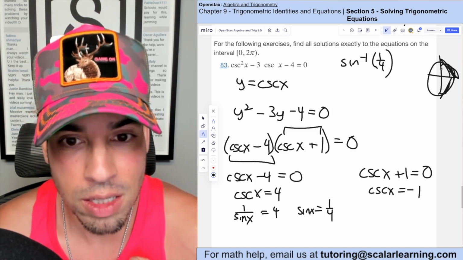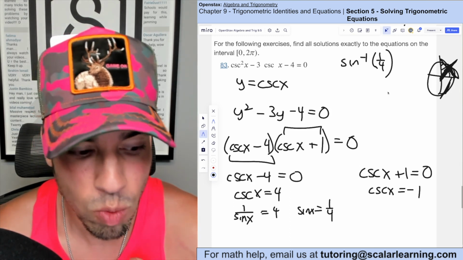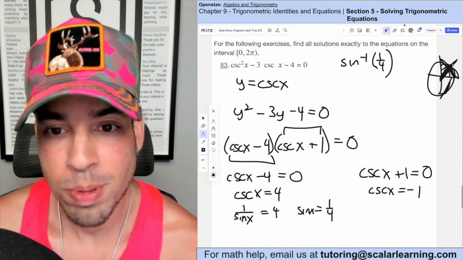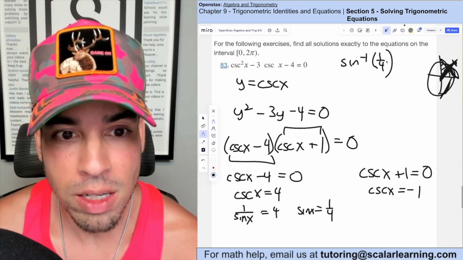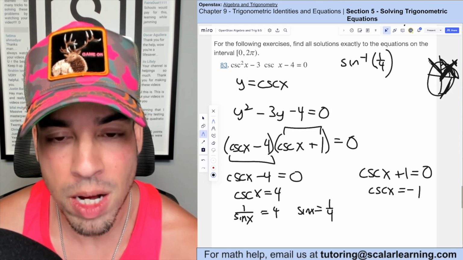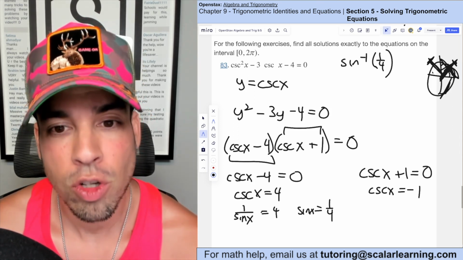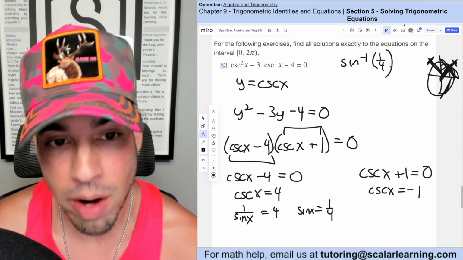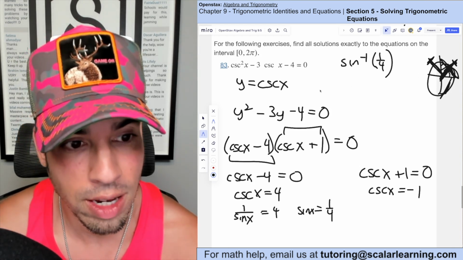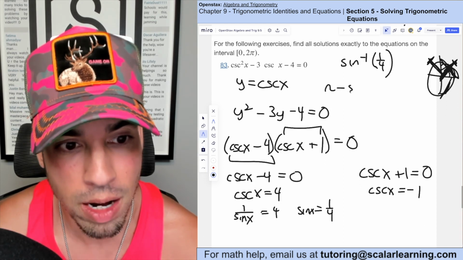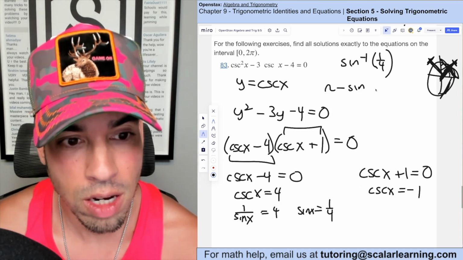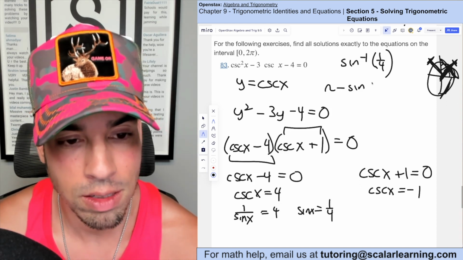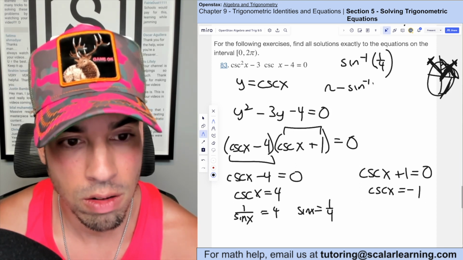And since this is a positive value, I'm outputting in quadrant 1. But the thing is, because sine corresponds with y values, sine is positive in quadrant 1, but it's also positive in quadrant 2. So to get another angle that has an equivalent reference angle in quadrant 2, I just take this value and subtract it from pi. So I've got arc sine of 1/4 and also pi minus arc sine of 1/4.